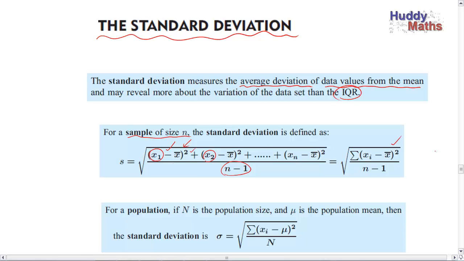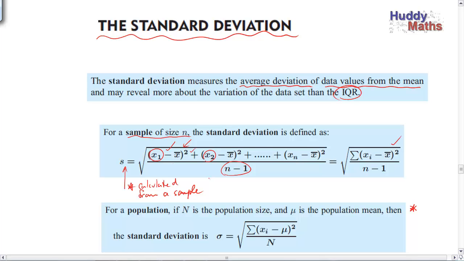Now, if you take the whole population, remember this S over here is called a statistic. It's calculated from a sample. That's why S stands for standard deviation as a sample measure.